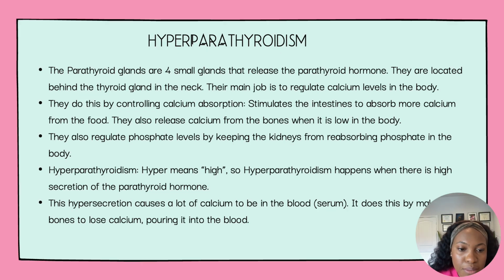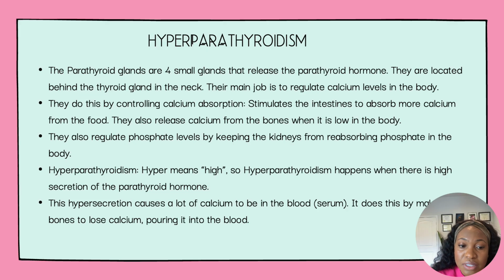So if we go ahead and break down the word hyperparathyroidism, we already know that hyper means a lot. It means a high level of something. So hyperparathyroidism pretty much means that there is a high level of secretion of the parathyroid hormone. Now, we already talked about how the parathyroid hormone works to regulate calcium levels in the body.